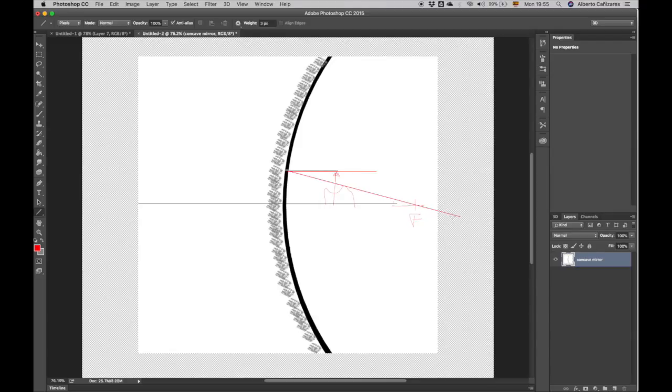So we'll cross somewhere along those lines. And then light that goes through the center of curvature, the point that hits the axis, what's going to happen to it? It will bounce at the same angle as it is reflecting, right?